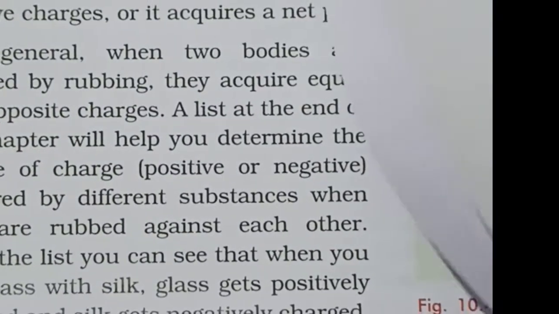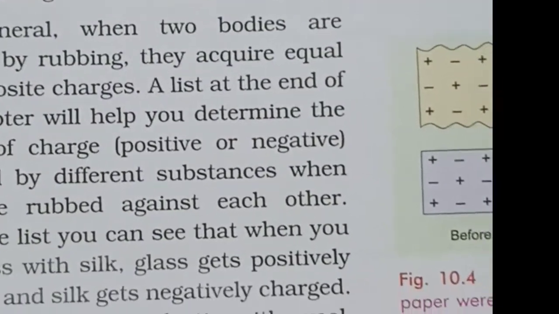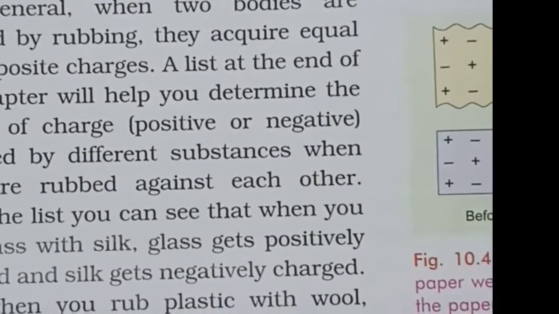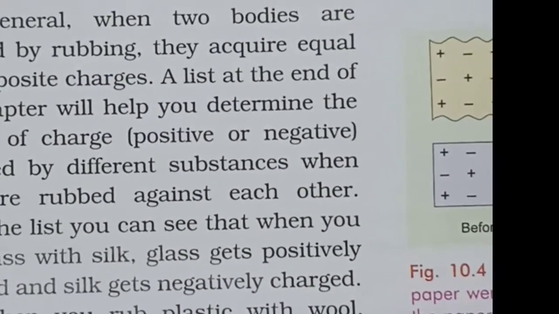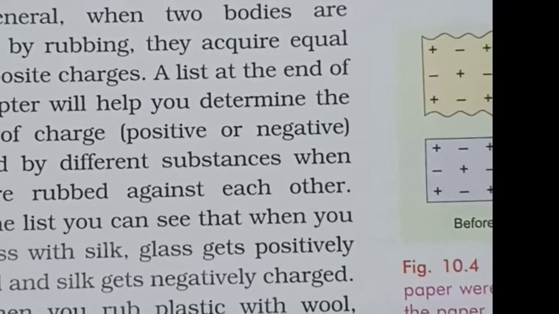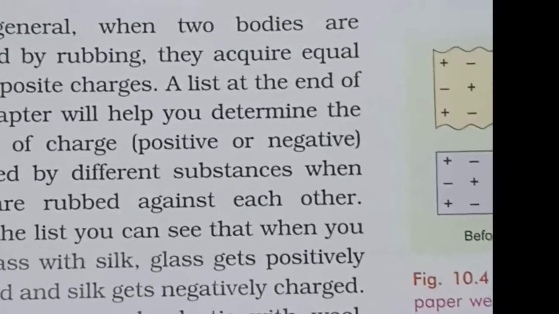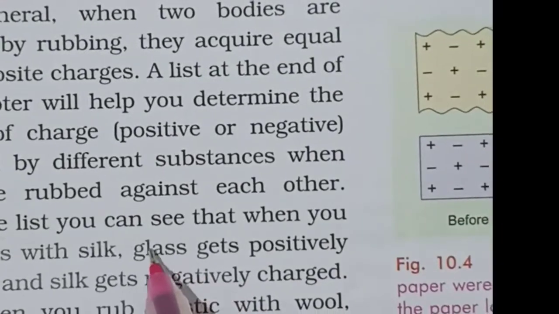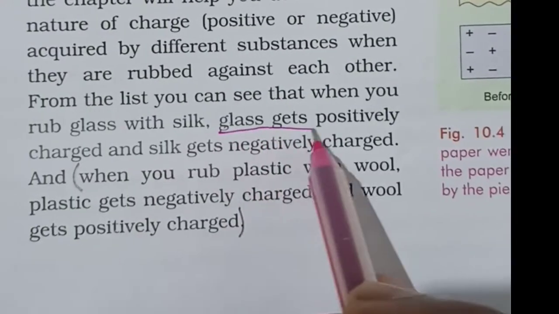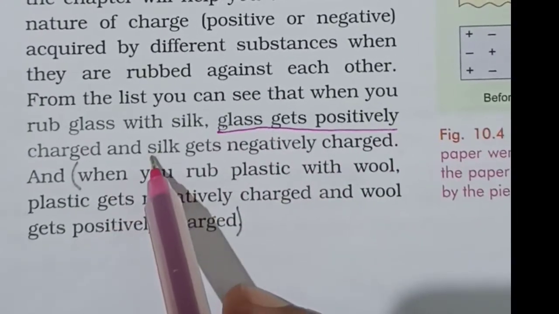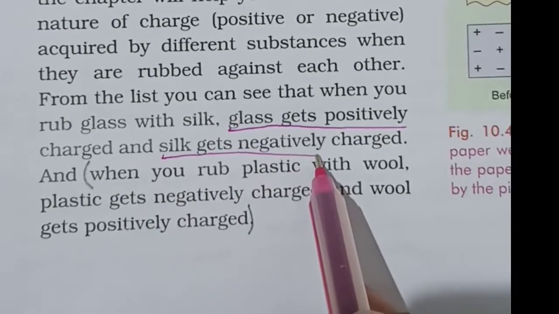So whenever two bodies are rubbed against one another, one body will acquire positive charge and the other body will acquire negative charge. When we rub glass over silk, glass gets positively charged and silk gets negatively charged. You can underline here: the glass gets positively charged and silk gets negatively charged.